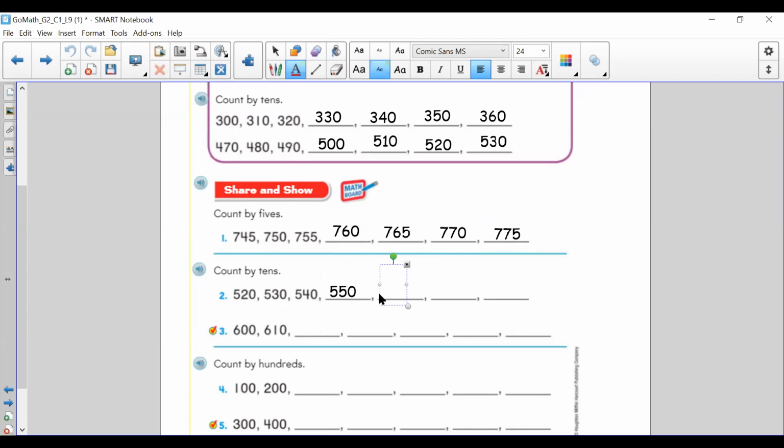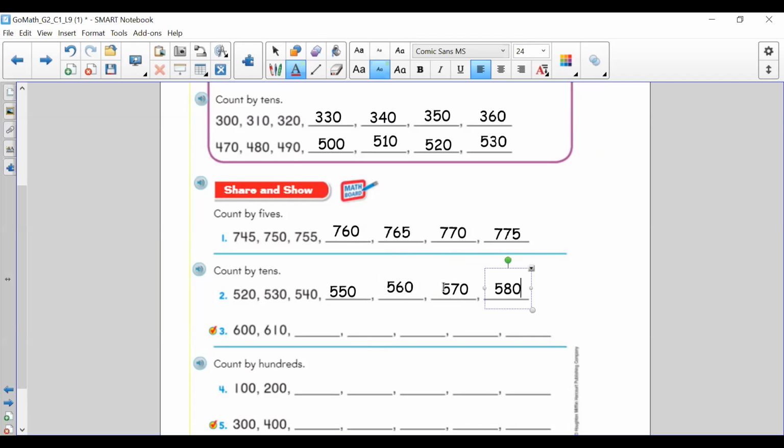And the next one after 50 is 60. But we have to say the 500 first, so it's 560. Then 570 and 580. So we just counted 20, 30, 40, 50, 60, 70, 80.